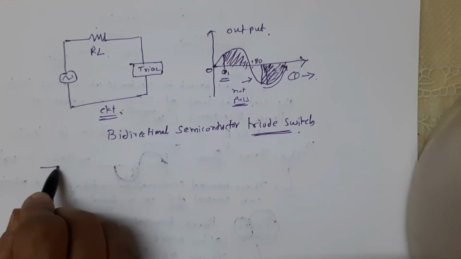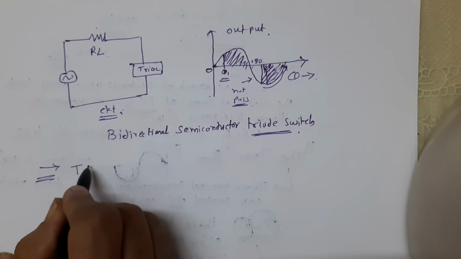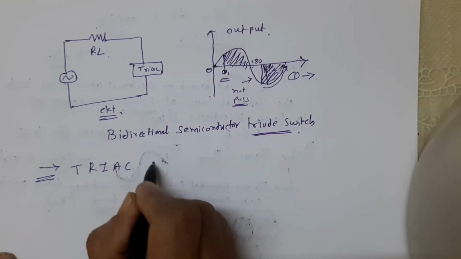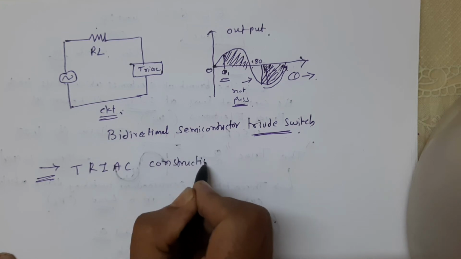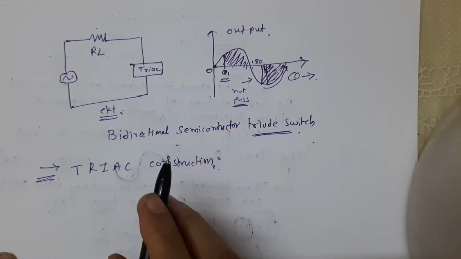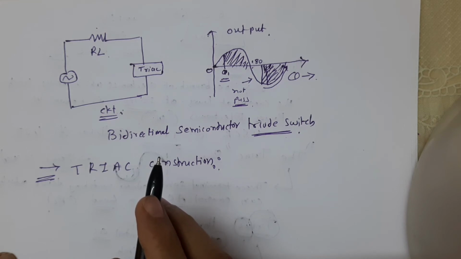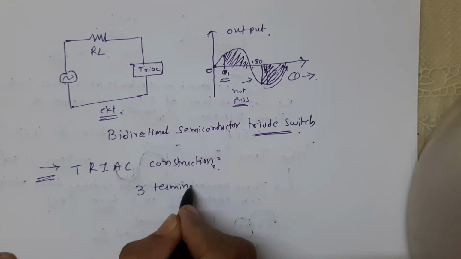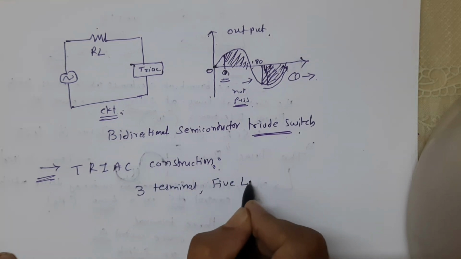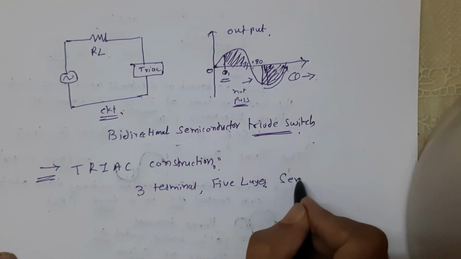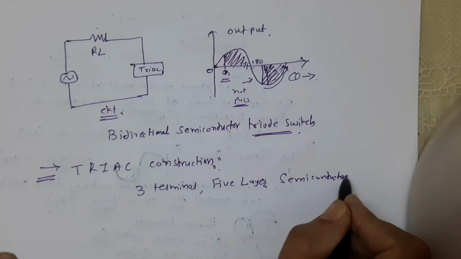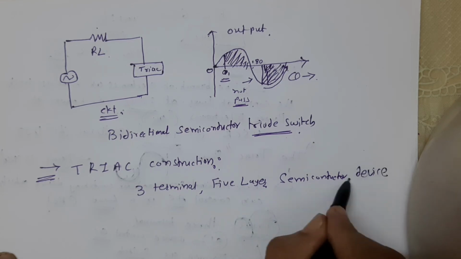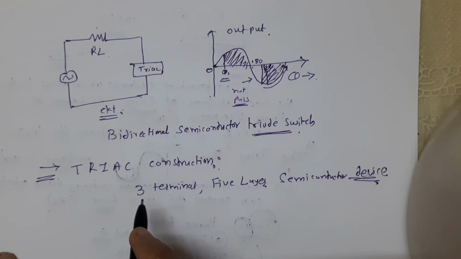Now, triac construction. A triac is a three-terminal, five-layer semiconductor device whose forward and reverse characteristics are identical to the forward characteristics of the SCR.